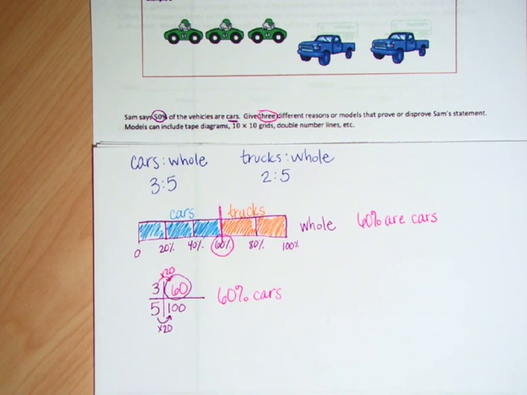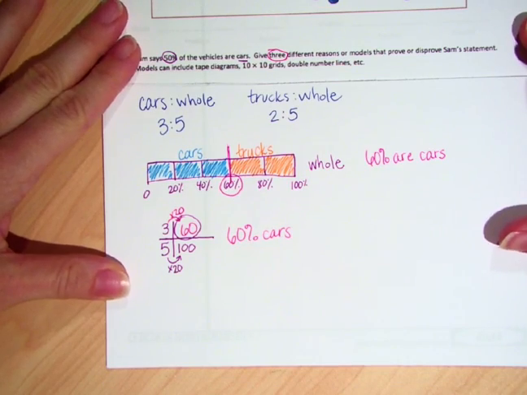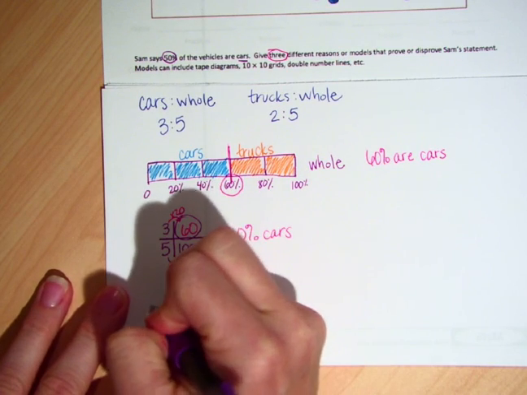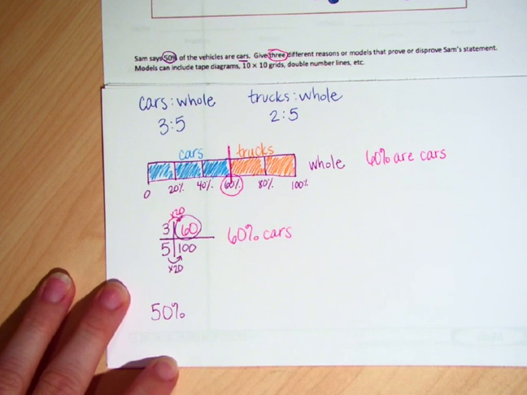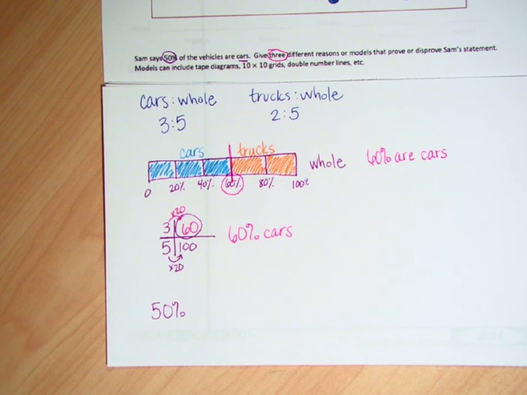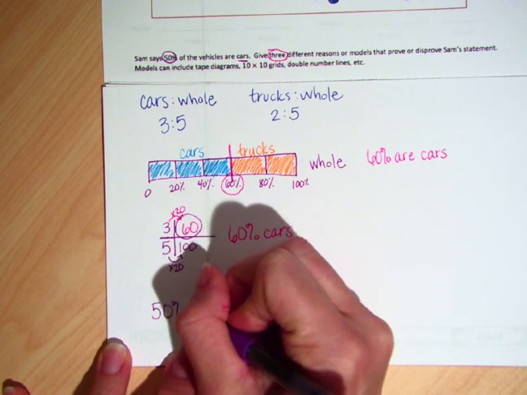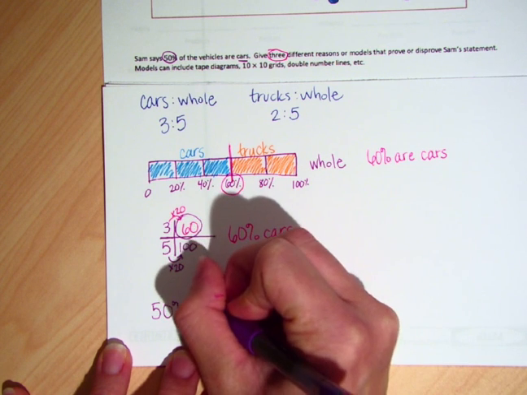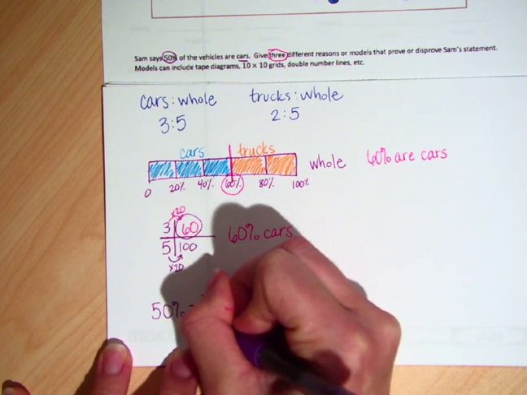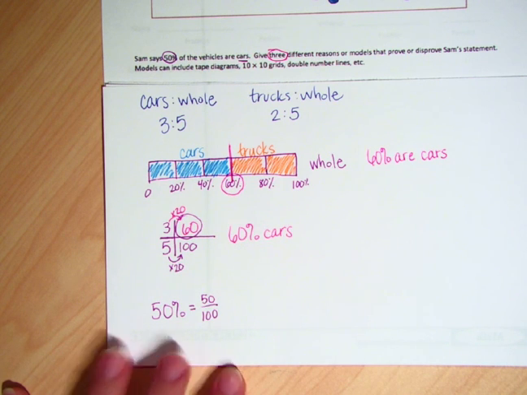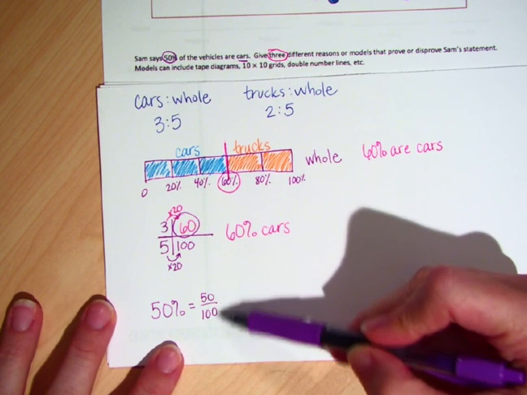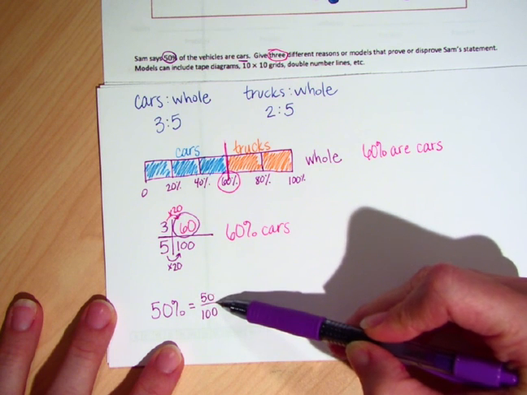Okay, I have another way. Let's use a fraction. He says it's 50%. Well, I'll show you what 50% looks like, Sam. If that was true, let's find out how many would be cars. 50% again means per 100. So that's the same thing as 50 out of 100, 50 per 100, 50 to 100.